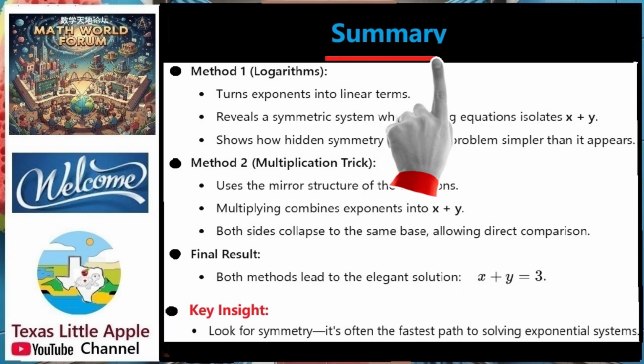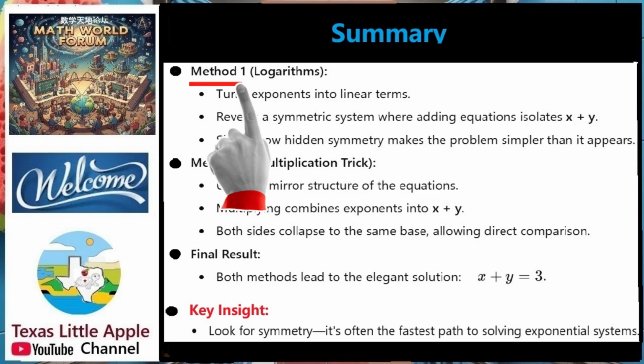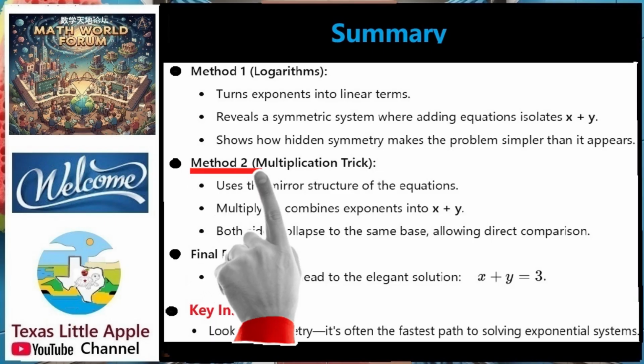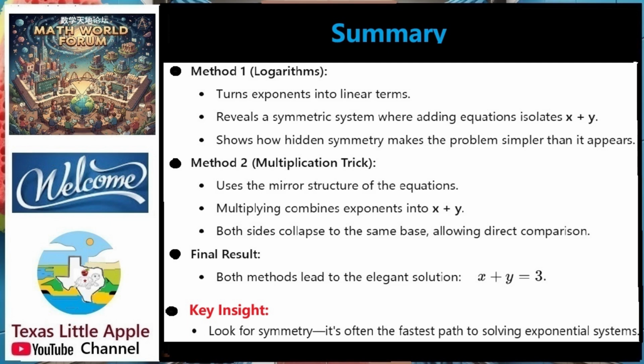In summary, the first method teaches a powerful general technique. Use logarithms to turn exponents into linear terms, then exploit symmetry to collapse the system. Even though the original problem looks complicated, the hidden symmetry makes the solution surprisingly clean. The second method uses a classic trick from symmetric exponential systems.